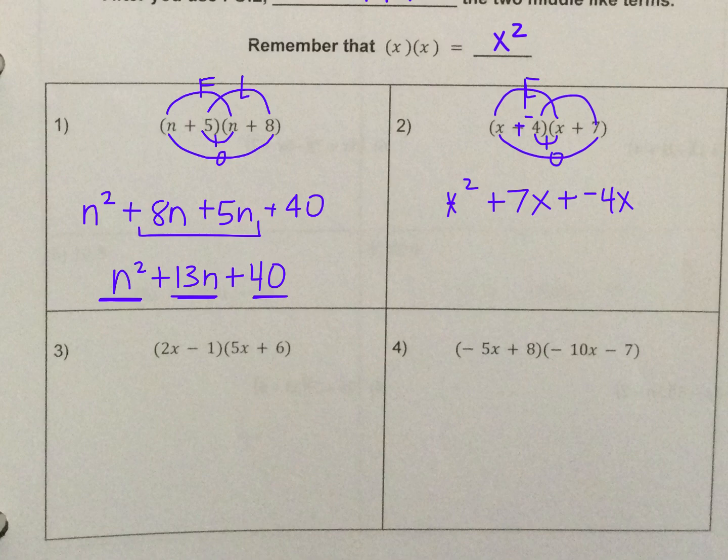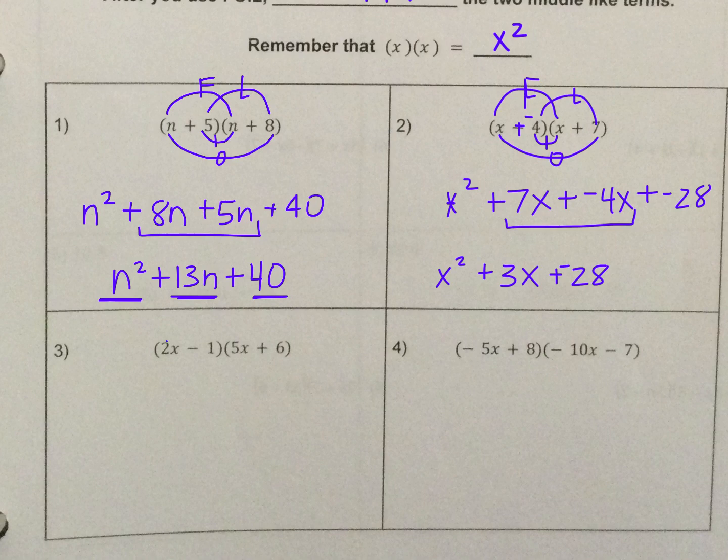And then last, negative 4 times 7 is negative 28. Put my middles together. I get x squared plus 3x. 7 plus negative 4 is 3. You can either write minus 28 or you can write plus negative, whichever way you prefer.